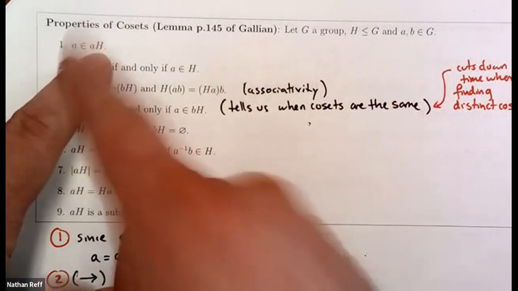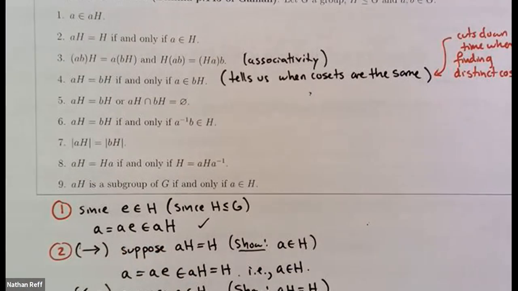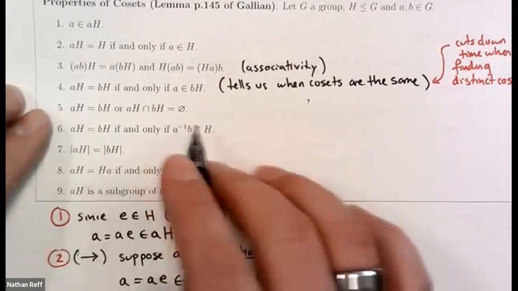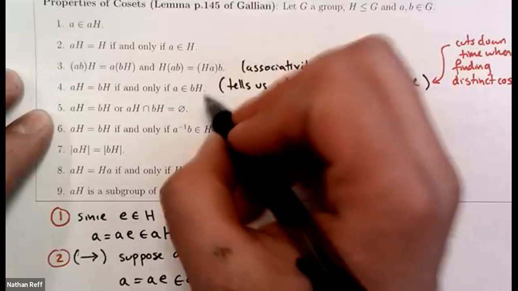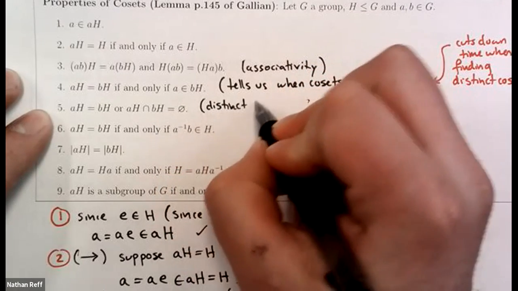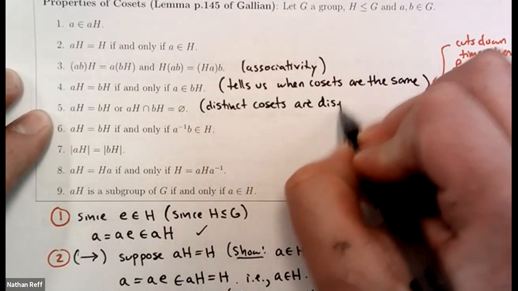So 1, even though that was the simplest one, is actually giving you two of the partition properties. Okay, so 5 is just saying distinct cosets are disjoint.